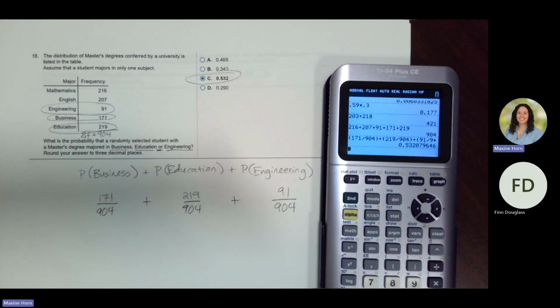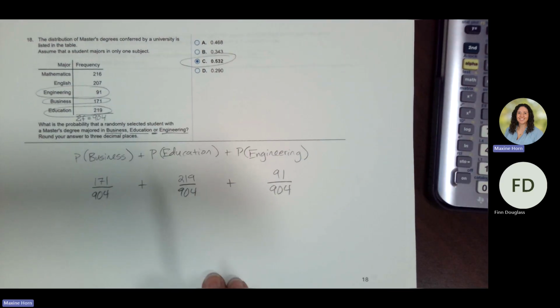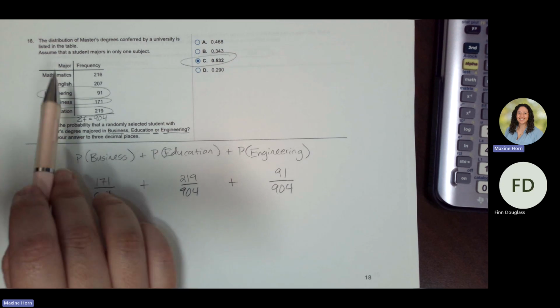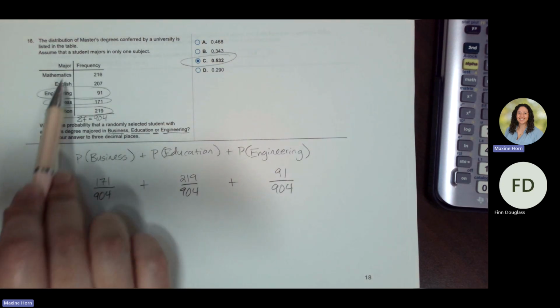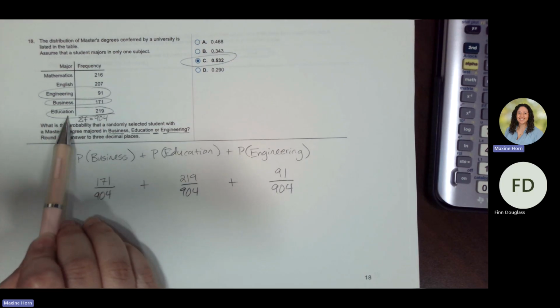Now, I do want to show you one other way of doing this problem that is a little bit shorter, potentially, depending on how comfortable you are with reasoning through it. So you'll notice here that there were 5 different options for a major, right? And they're asking for the probability of these 3.